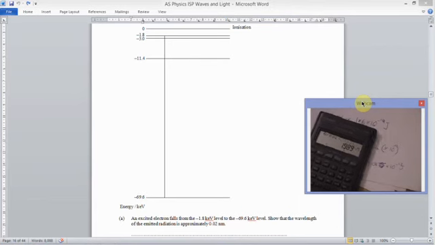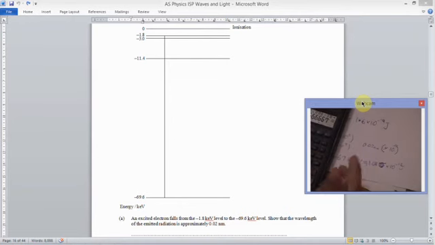Now we need to divide that by our energy, 1.08 times 10 to the minus 15. So you end up with about 2 times 10 to the minus 10, which therefore gives us about 0.02 times 10 to the minus 9. Yeah, so we've got the correct answer there.